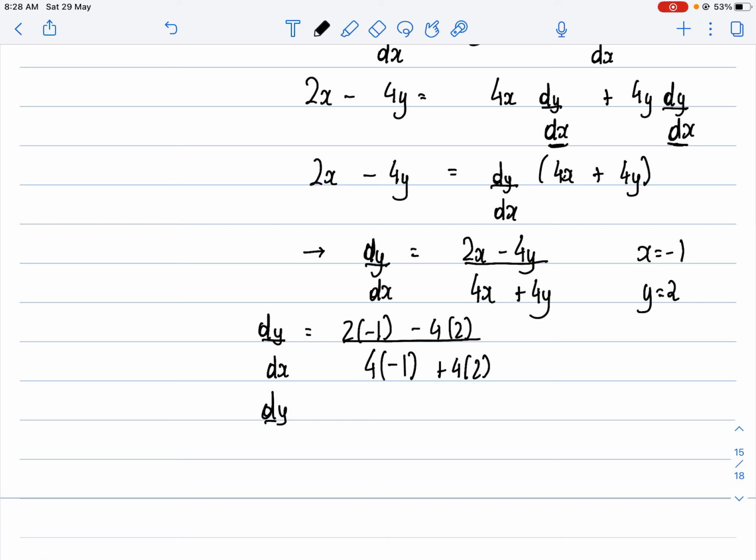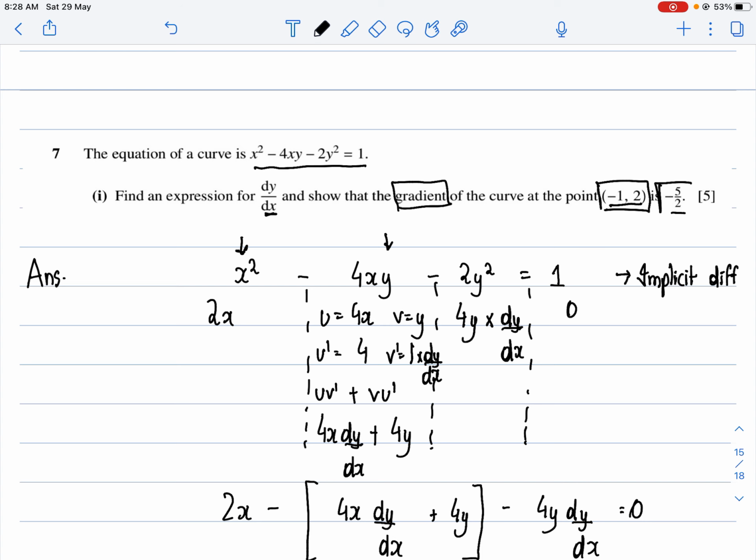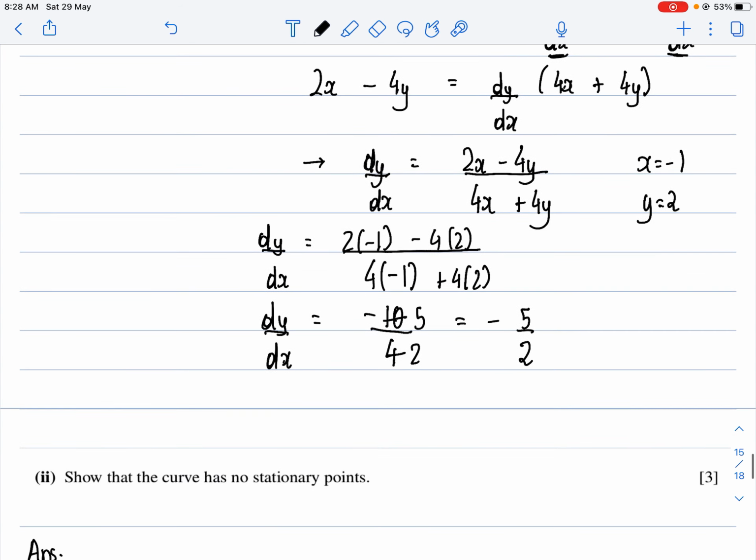So I get my dy by dx finally as -2 minus 8, which is -10, over -4 plus 8, which is 4. So I can cut this by 2 to get -5 by 2, which is what I needed to prove here.